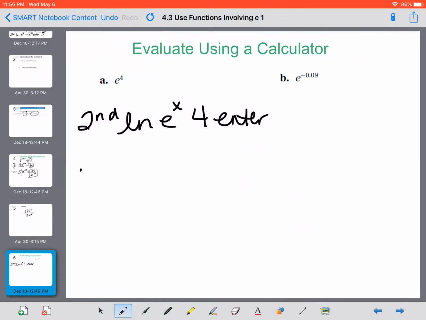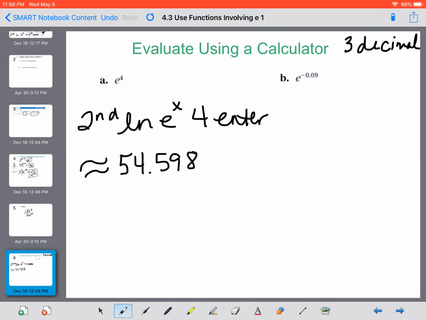And then it's approximate, we're going to round. Let's say we're going to round to 3 decimal places. So that would be 54.598. Go ahead and try that in your calculator and see if you get the same answer.